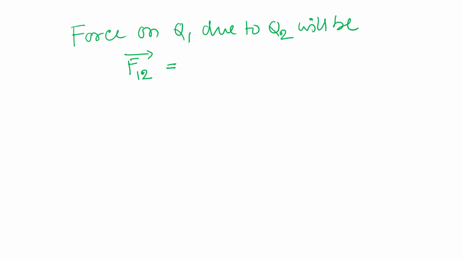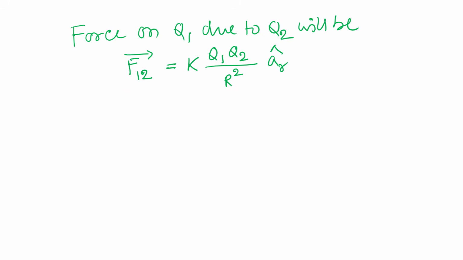So F12 will be K, multiplication of Q1 into Q2, or I can simply write Q2 into Q1 also, because these two are scalar quantities and their product makes no difference whether I write Q1 and Q2 or Q2 into Q1, divided by R square into AR cap.